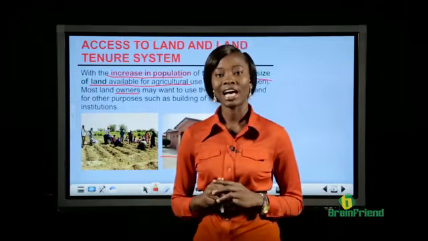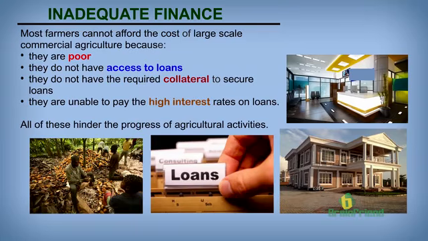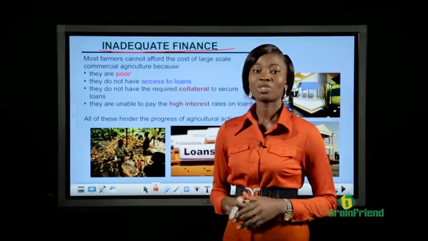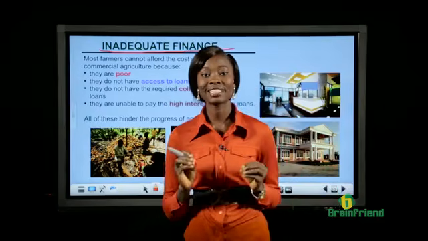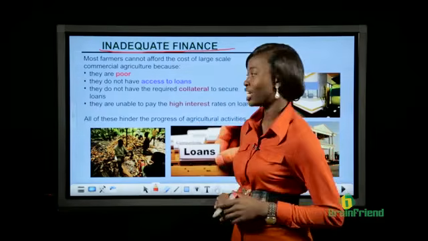The second problem encountered in Nigeria's agricultural sector is the problem of finance, and it is tagged inadequate finance. Most farmers cannot afford the costs of large-scale farming, and they cannot go into commercial agriculture. So most farmers still practice subsistence agriculture in Nigeria.